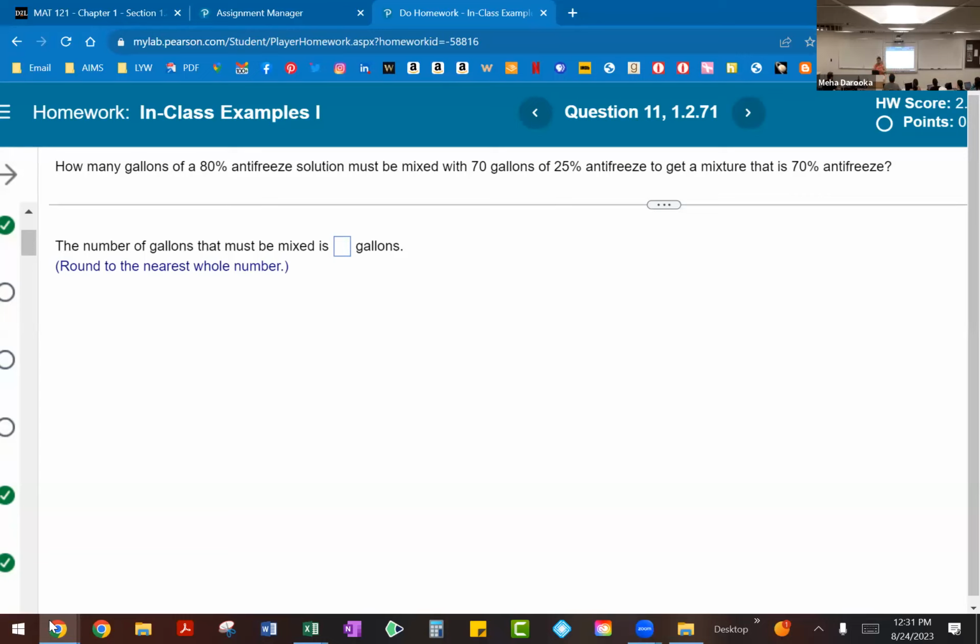So again, when you're setting these kinds of problems up, since we don't know how many gallons, let's call that X, okay? You have to multiply the concentration with the quantity of the solution. So you're basically taking X times 80% of that first solution. We're mixing it, which means you are adding, right? And we know this is 70 gallons, so that's 70 gallons of the 25% concentration.